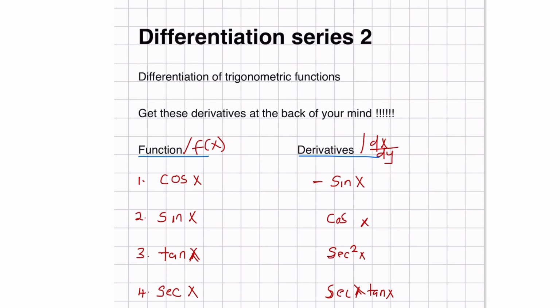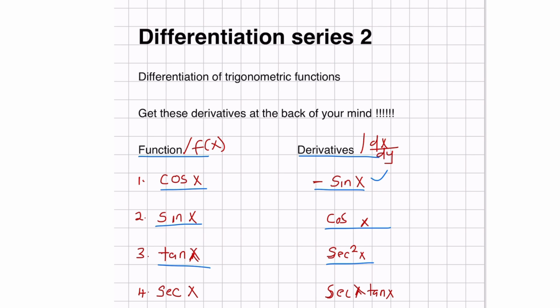For the function cos of x, the derivative of that is minus sine of x, right? Then the function sine of x, the derivative of that is cos x. The function tan of x, the derivative is sec squared x.